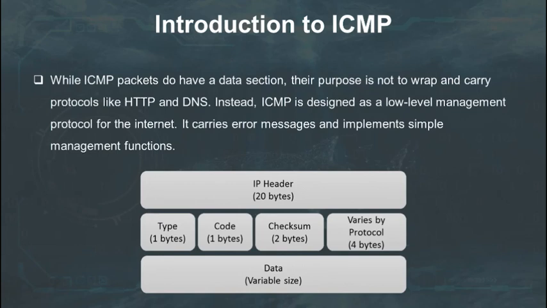Now, the size of the ICMP packet at the data link layer is a little bit more, and that's because of the Ethernet header sitting on top, which occupies 14 bytes, and then it is the same. The IP header occupies 20 bytes.